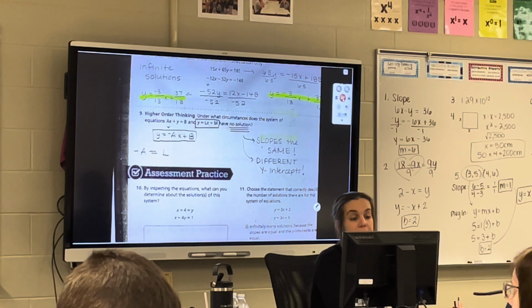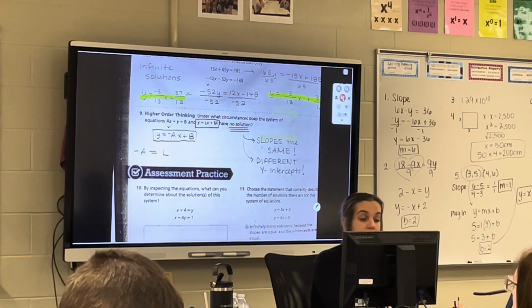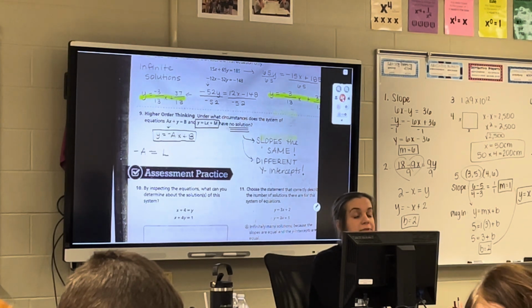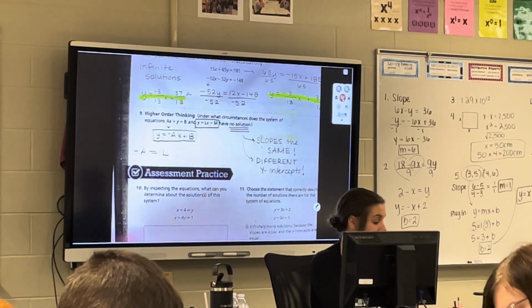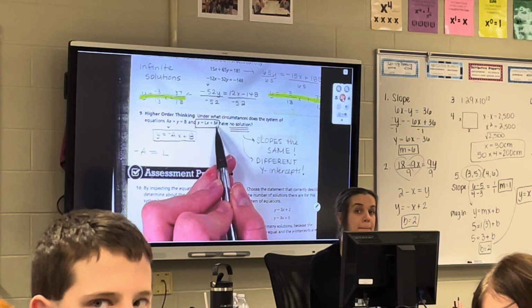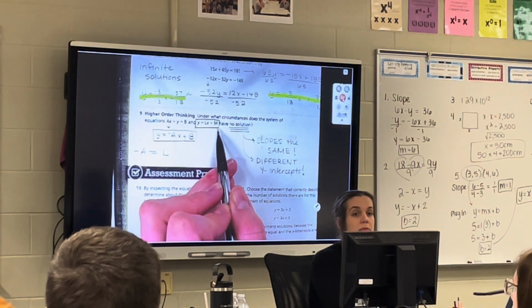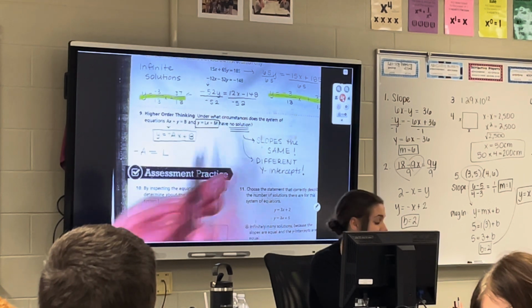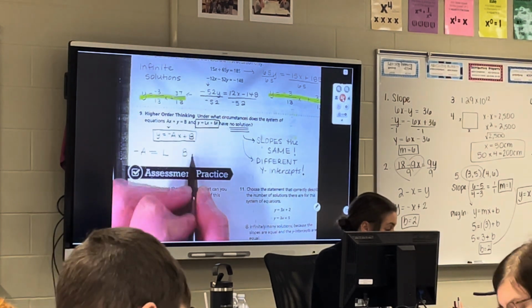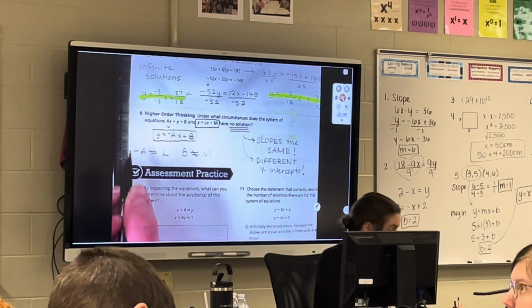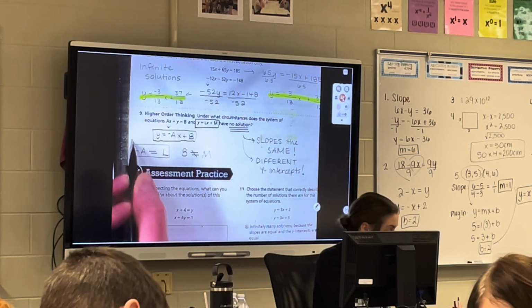Kind of a weird way of writing it, but that's what we got. They have to be the same. And then if our intercepts have to be different, what does that tell you about b and m? They have to be different. So b cannot equal m. These are your answers.